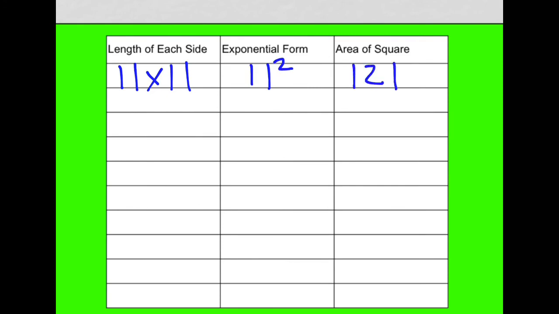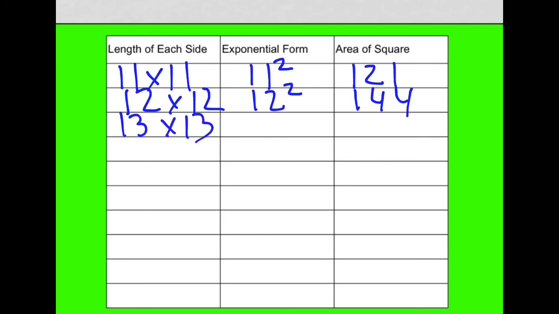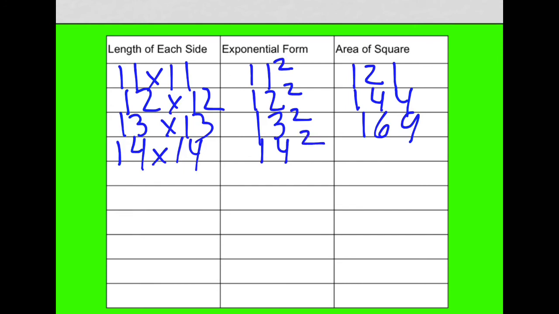Yes! 12 by 12, 12 to the power of 2, 144. 13 by 13, 13 squared, 169. I'm getting nervous because I really haven't practiced these in a while. 14 by 14, 14 to the power of 2. That's going to be 196.